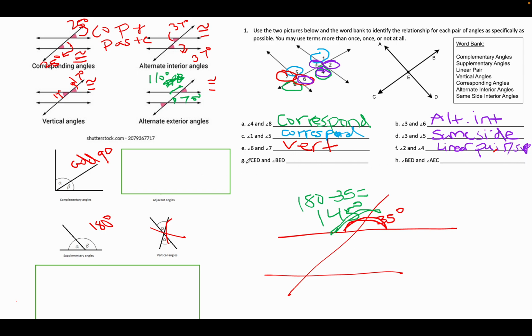All right, CED, so C to E to D. So this angle right here, CED, and BED, this angle right here. Those definitely are not equal to each other. They are on a straight line, so we're going to call that also a linear pair.